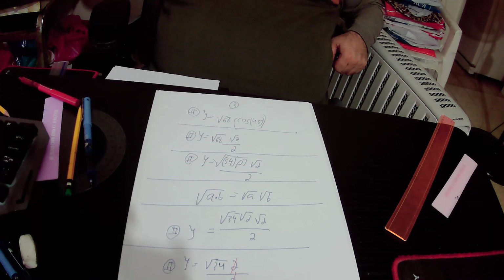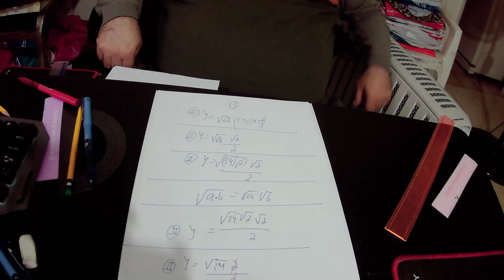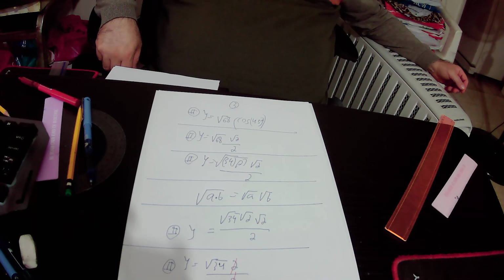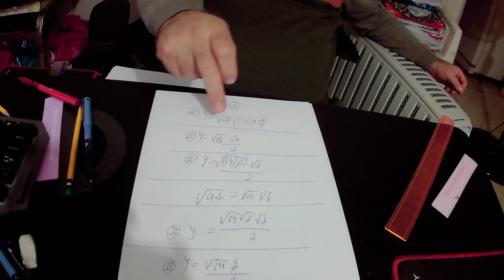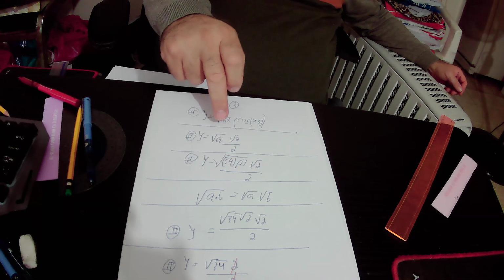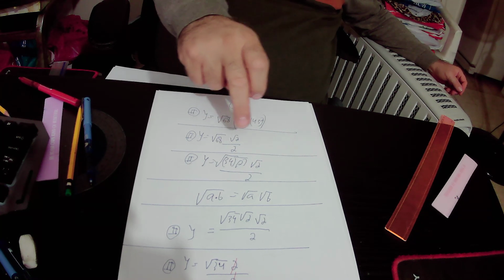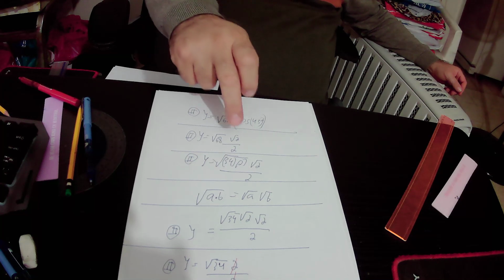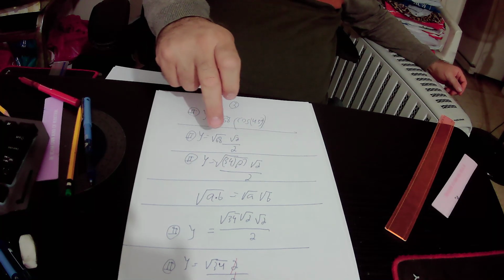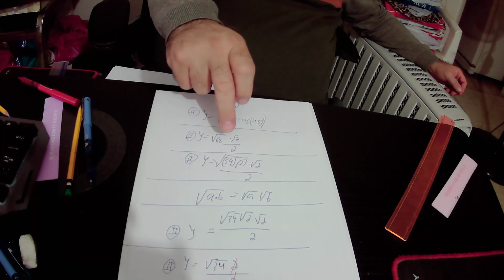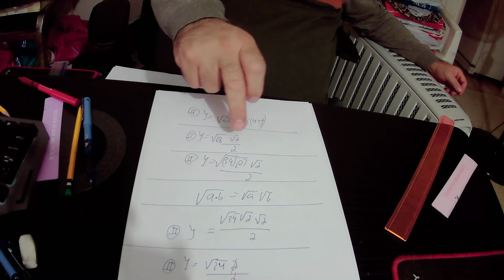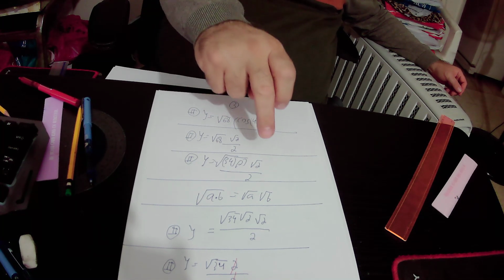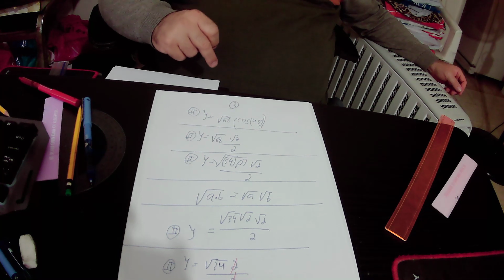And we also know that 68 is actually 34 times 2, so we can substitute 68 inside this root by 34 times 2. And we got that Y equals the square root of 34 times 2 times square root of 2 over 2.